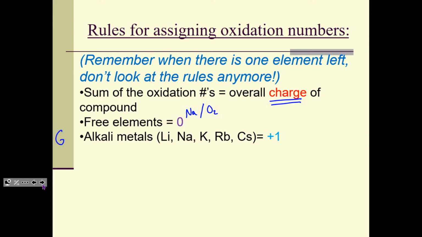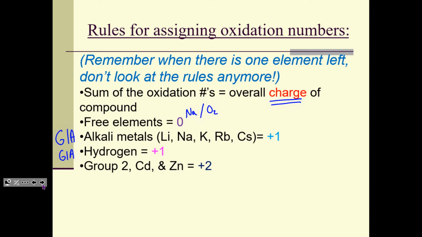Alkali metals, which are group 1A elements, like lithium, sodium, potassium, rubidium, and cesium, all have plus 1. Hydrogen is also a plus 1, and again, that's found in group 1A. Group 2, along with cadmium and zinc, all have 2+ oxidation numbers.